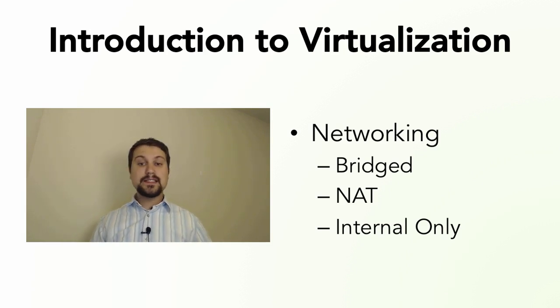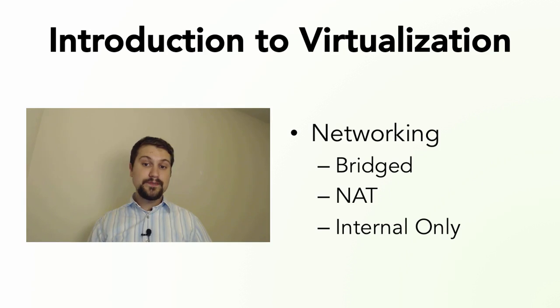All right. The last thing I want to talk about in our introduction to virtualization is VM networking, because it's a little different than normal networking. In a VM, the hypervisor is also going to be doling out resources such as the NIC, the network interface card. You have three options when you're talking about a virtual network.